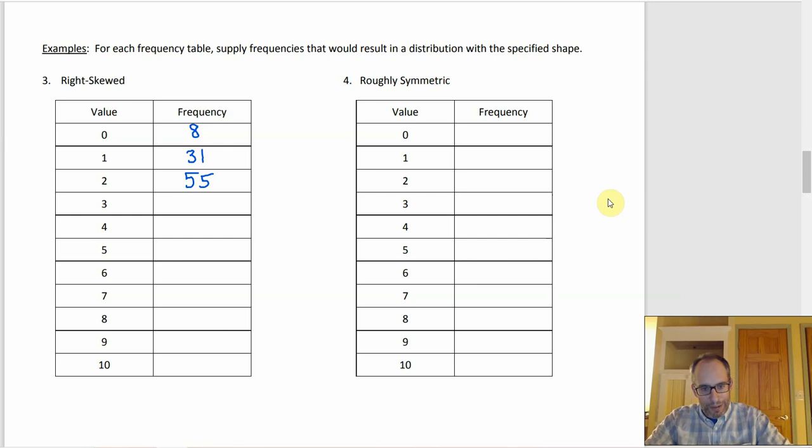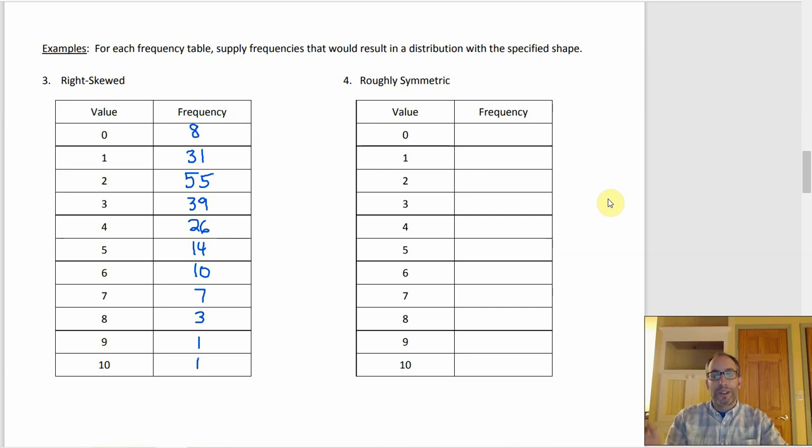So let's say maybe I've got like a 39, a 26, a 14. So I'm just gradually going to get smaller and smaller, like a 10, a 7, a 3, a couple of 1s, right? So there we've got our peak here.